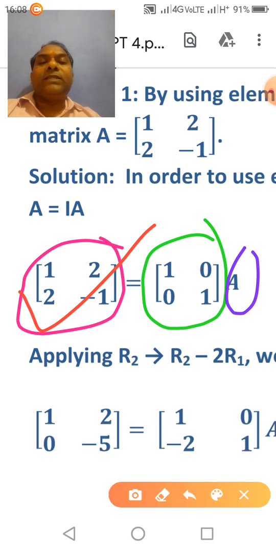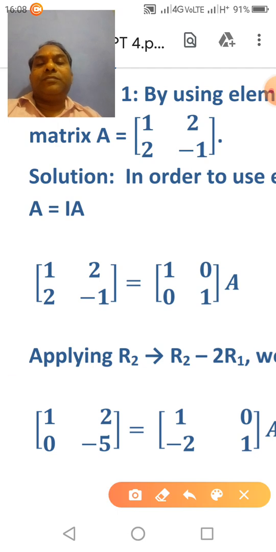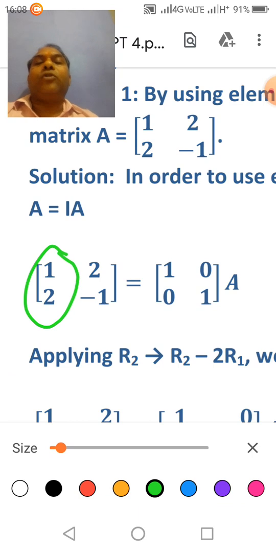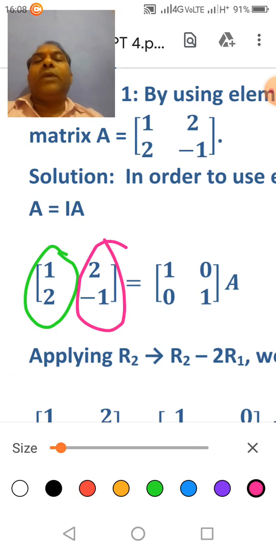Column wise means you have to convert the matrix column wise into identity matrix. Means firstly you have to convert this column as 1 and 0, and then you have to convert the second column 0, 1 by using row elementary operation.